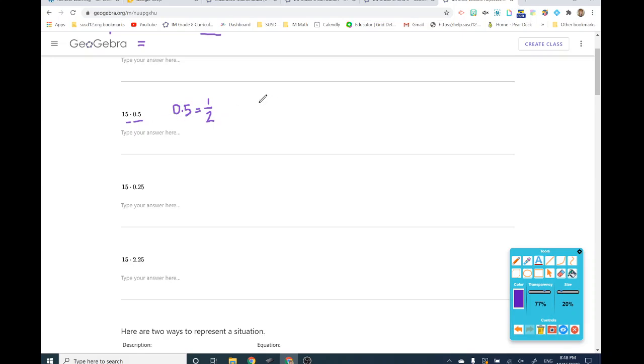So what happens when you multiply the number 15 times 1/2? Let me help you with this one. Remember that multiplying by 1/2 is the same as dividing by 2. So that's the same as 15 divided by 2.